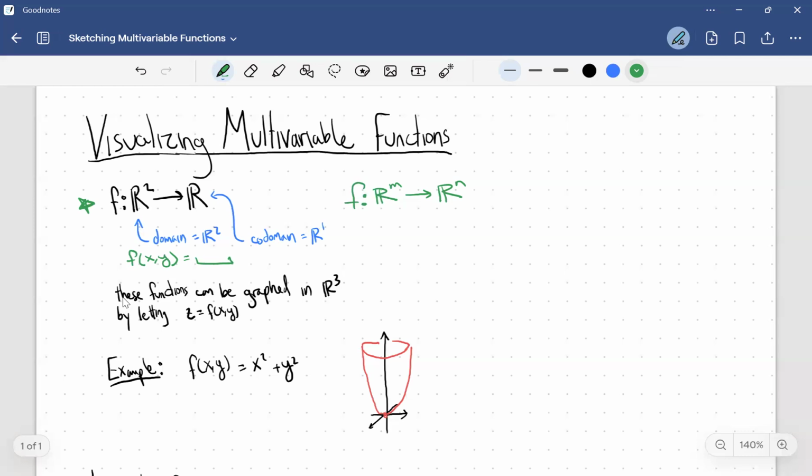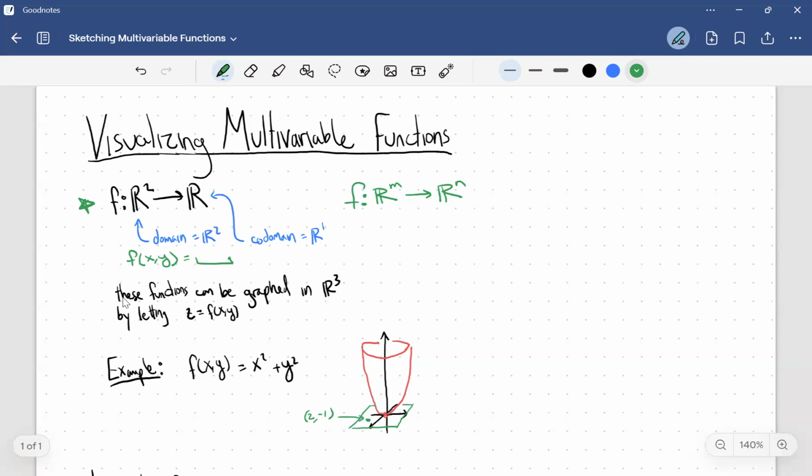As a reminder, this is a function with two inputs, x and y. So the domain, we could think of it as being the xy plane down here. That's going to be our domain space. And then for any given point x comma y, let's take, for example, this point here. Let's pretend that's the point 2 comma -1.